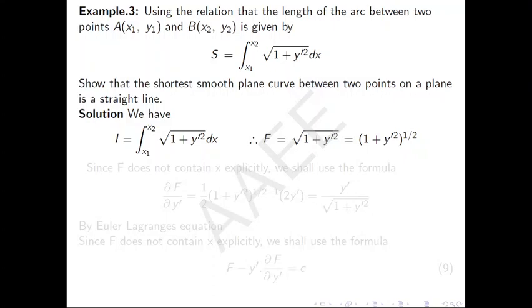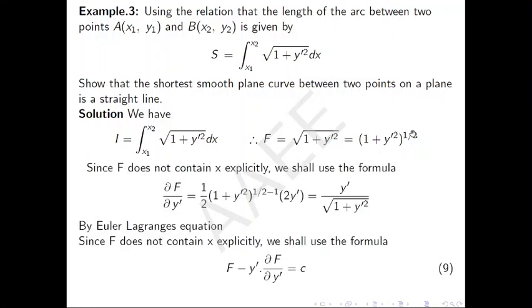So let us take this equal to I as usual. It implies that the integrand is f equals under root of 1 plus y dash square, which can be written as 1 plus y dash square raised to 1 by 2.